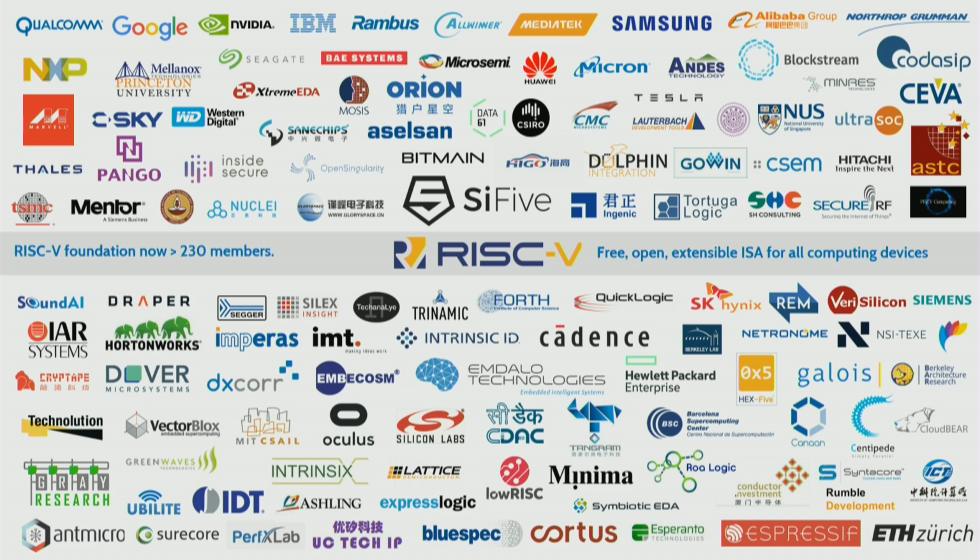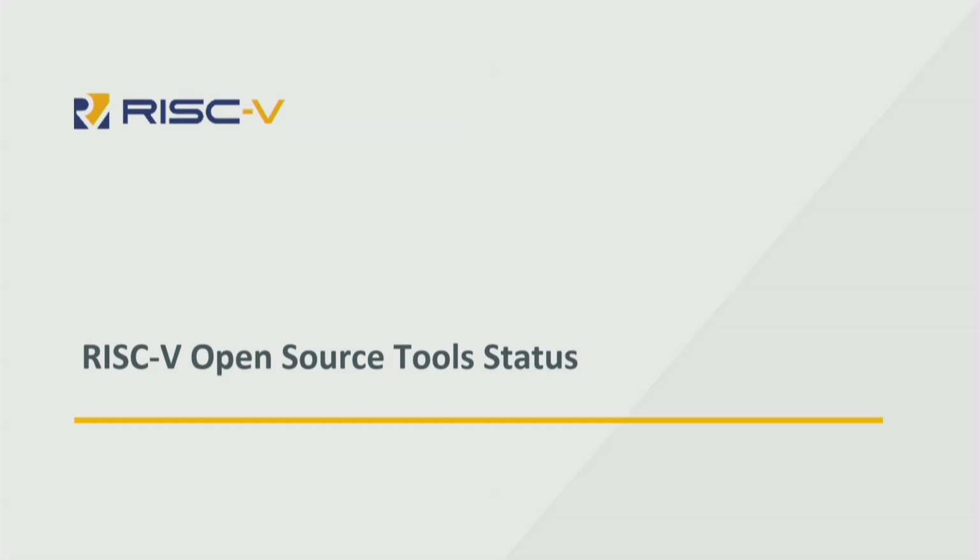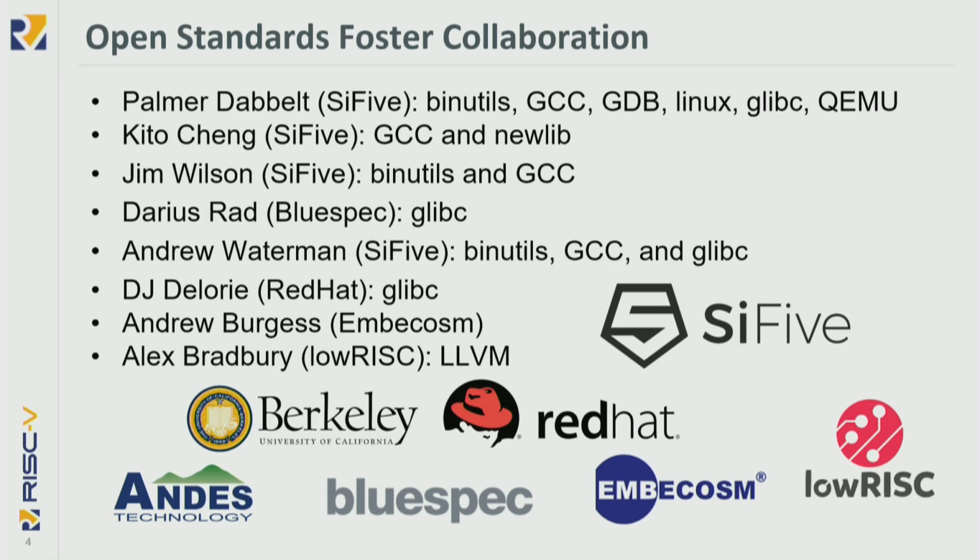And with that, you can imagine the sense of urgency needed for software support, ranging from tools like compiler and linker, to libraries, operating system, application, and so forth.